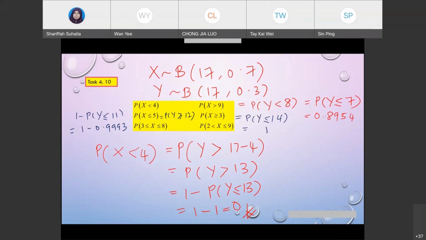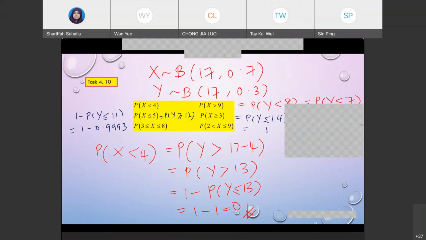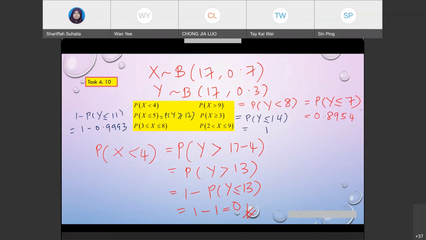It's not 0, Hanin. It's 1. Because if you refer to your stats table, the last value is 13, and the probability is 1.0. So for 14, 15, 16, all probability is 1, because no matter what, the total probability is still 1. That's just the trick.